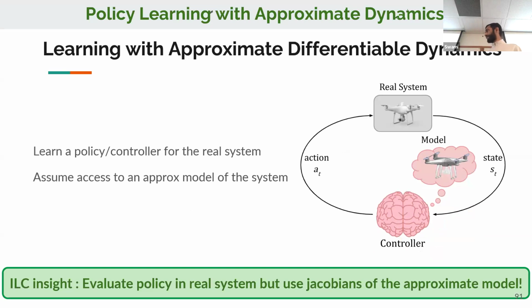And in fact, there is a line of work in the optimal control community, which says that you can still use your real system to evaluate the policy, but use the Jacobians of this approximate model to speed up training and to make the training more sample efficient. In that context, of course, it's not quite training, but optimizing optimal controllers for the policy.